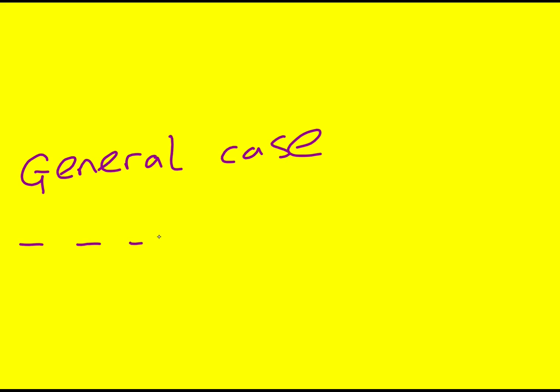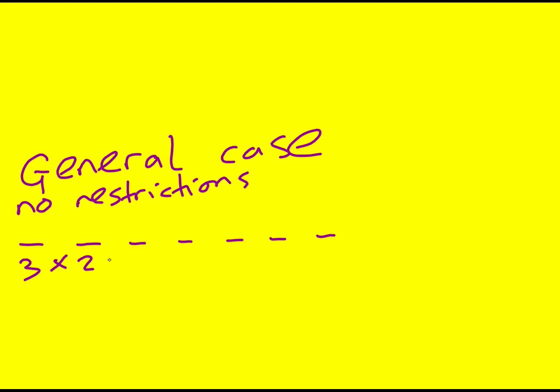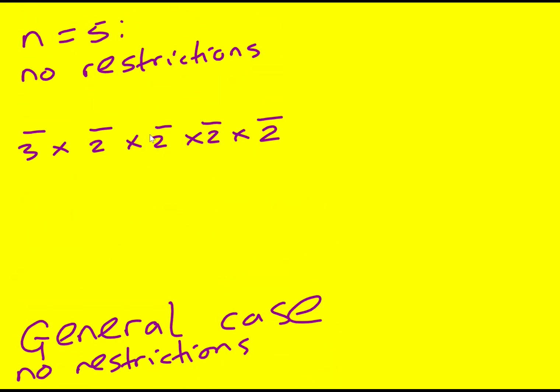So for the general case, there's going to be 3 ways for the first one, for no restrictions. Then there's going to be 2 options and 2 options, okay, and we carry on to the very end. But here I've got 3 times 2 to the 4.